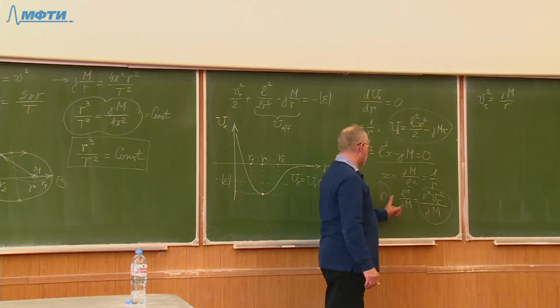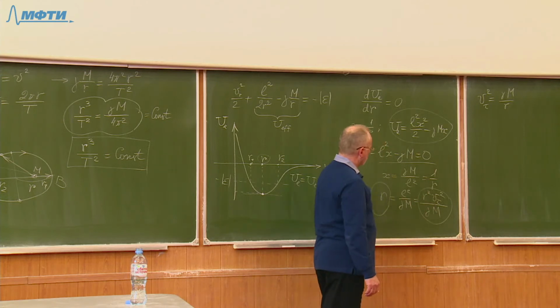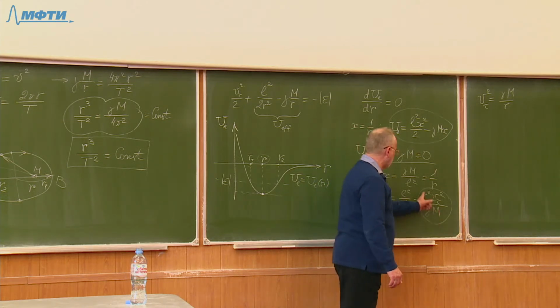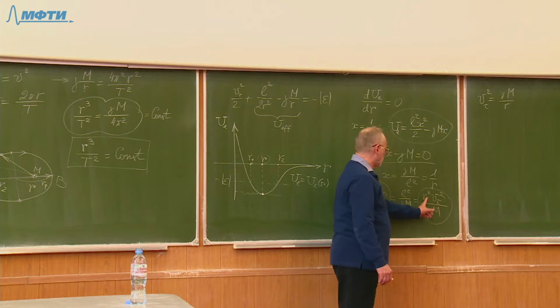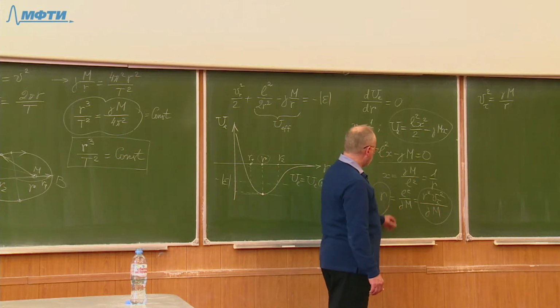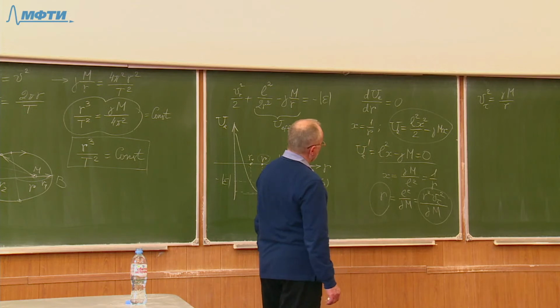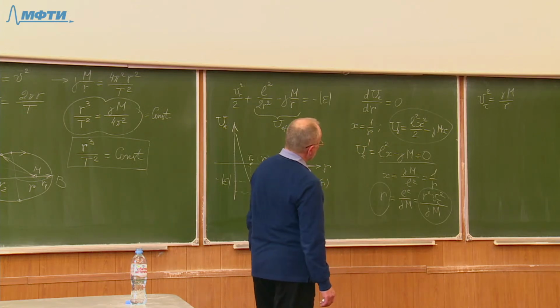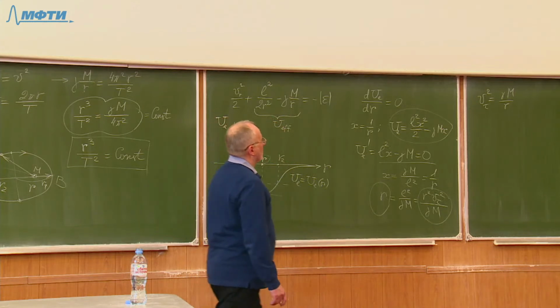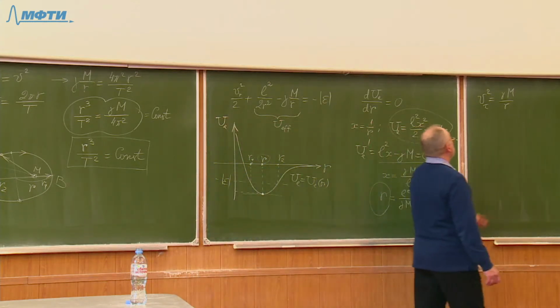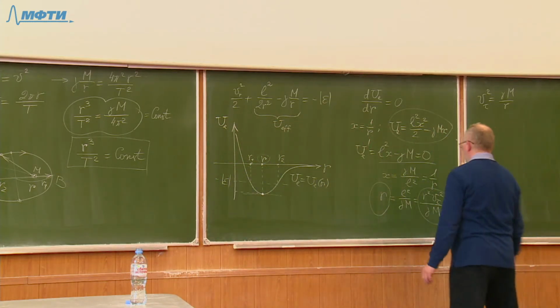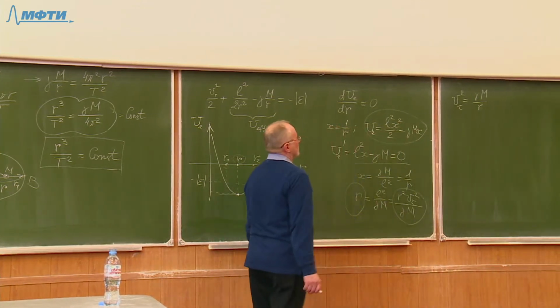Gamma M, because one r will cancel, and so here we will have just gamma M and r in the first degree. Yes, gamma M divided by r. That's absolutely correct. That's the correct way of reasoning.